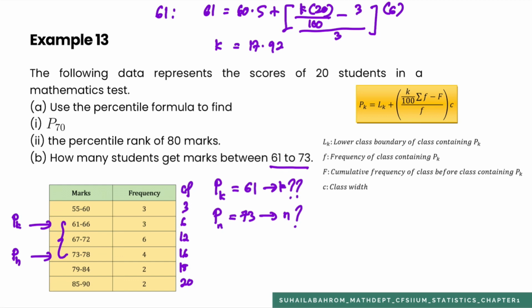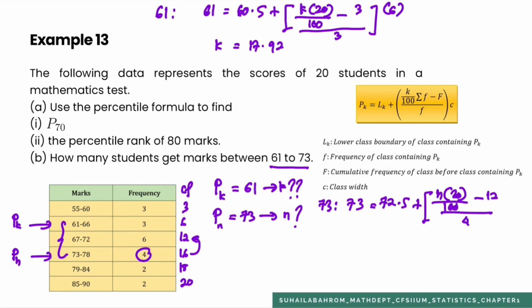Instead of that, you have to find out first the value of the rank for the data of 73. So let me write down here for the data of 73. So 73 is equal to, the lower class boundary is 72.5 plus N, I use N just now, times 20 over 100, minus the cumulative frequency before that class, which is 12, over the frequency of that class containing Pn, which is 4, times the class width, which is 6.